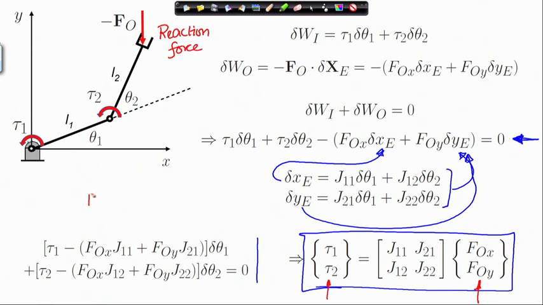Therefore, this F_o is the applied force on the external world by the manipulator.